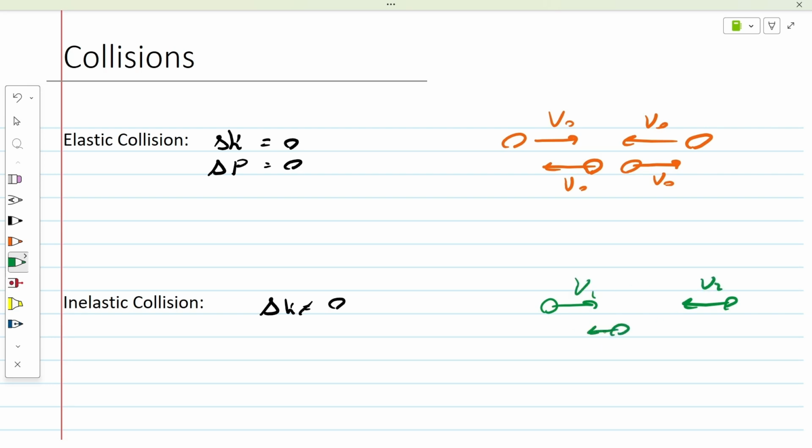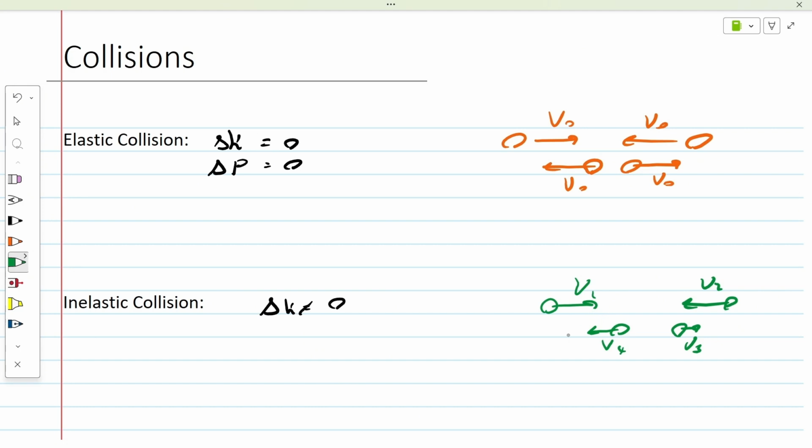After they collide, they're moving at different velocities, say v3 and v4. But they're going to be at less velocity than initially, which means some energy has dissipated. Energy cannot be created or destroyed, but it can be transferred. So it may be transferred to sound or heat or some other energy source, but the kinetic energy will not be conserved.